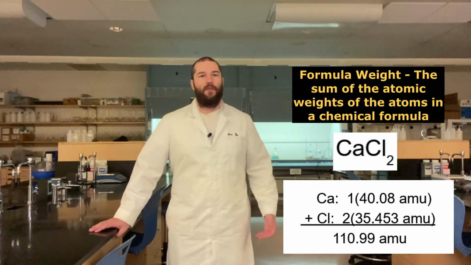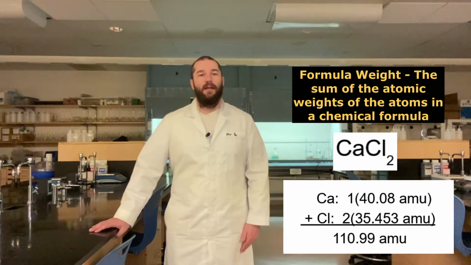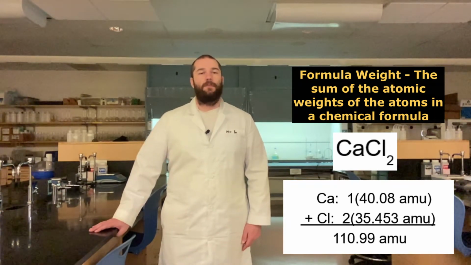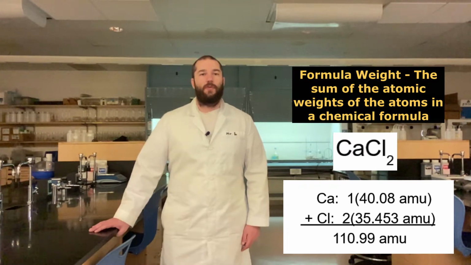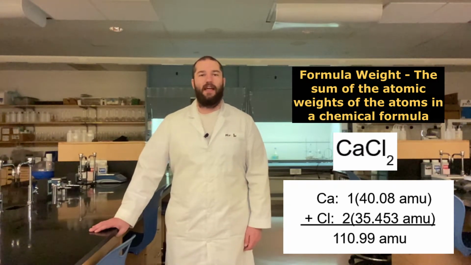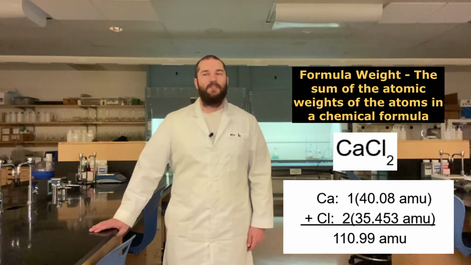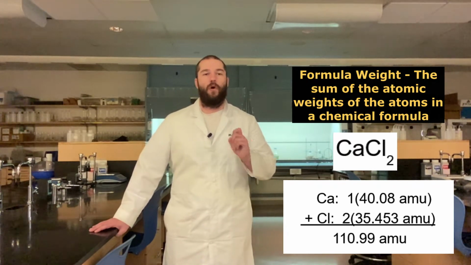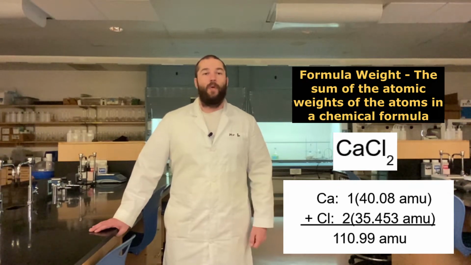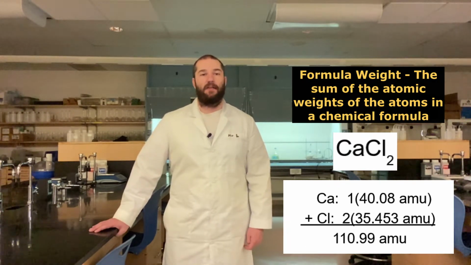So if we had an example like this one, calcium chloride, we've got CaCl2. So what we're going to do is we're going to consult the periodic table and look for calcium. We've got one calcium, and if we look here, we've got 40 AMU for the mass of one calcium atom. We also have 2 chlorine atoms in calcium chloride.